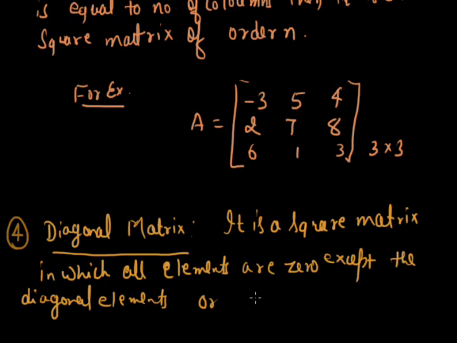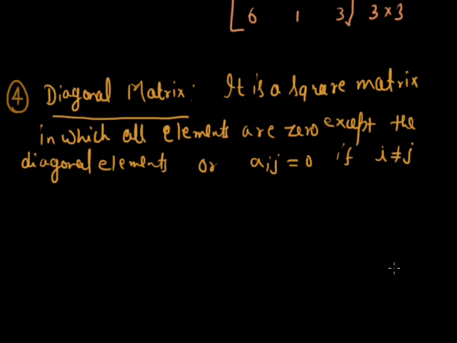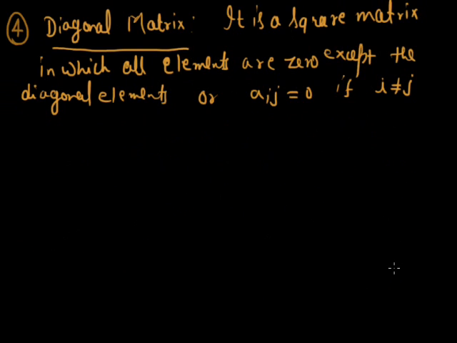Or Aij equal to 0 if i is not equal to j. So this is the definition of diagonal matrix.